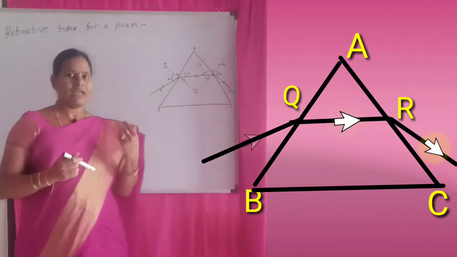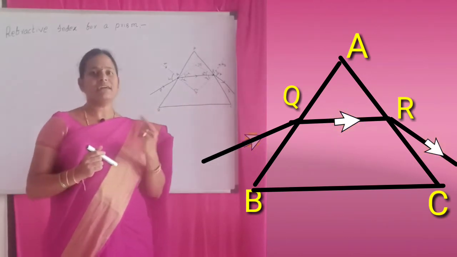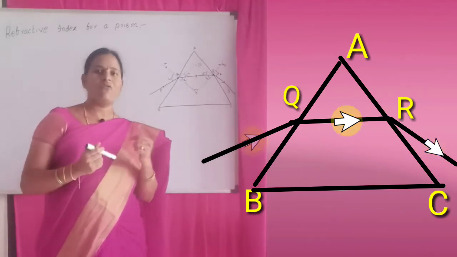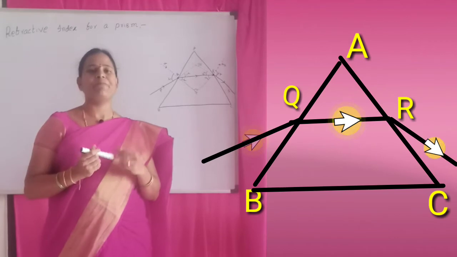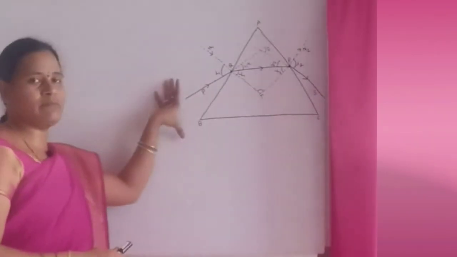So here PQ is the incident ray, QR is the straight line which travels in the prism, and RS is the ray refracted once again. So this is about the prism. Observe the diagram once.